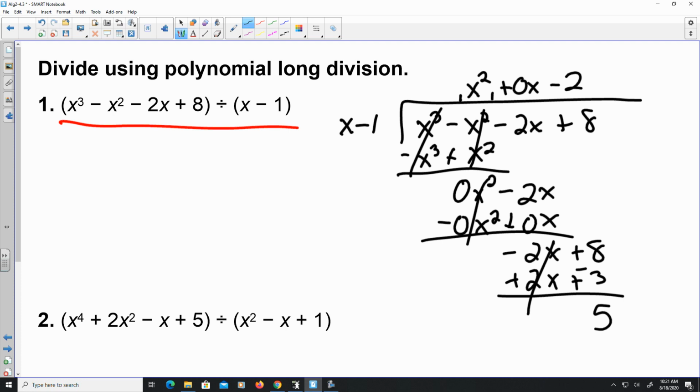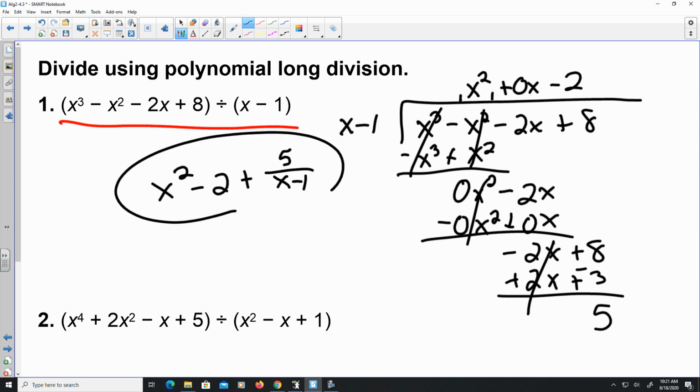So essentially, our answer is going to be x squared. I'm just going to put it as minus 2 plus 5 divided by x minus 1.